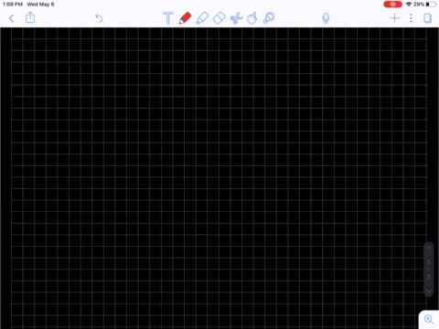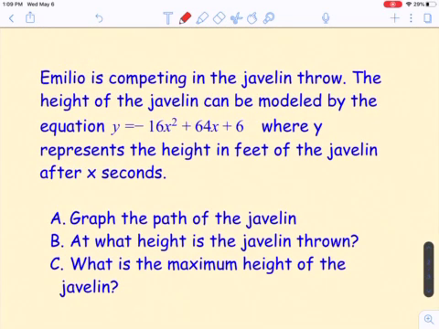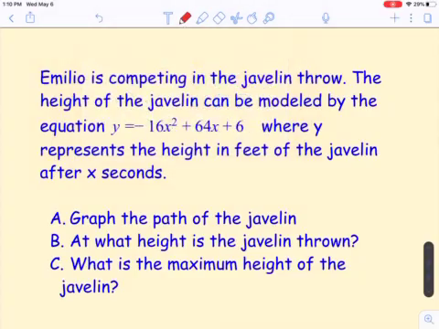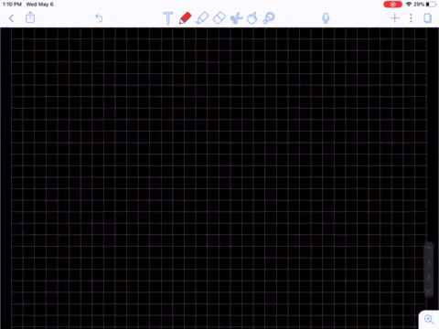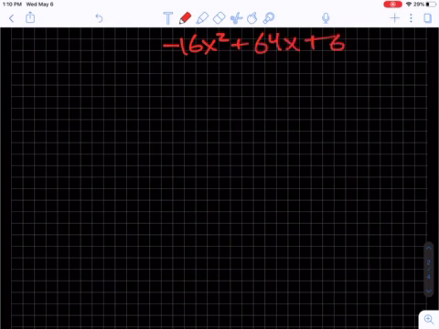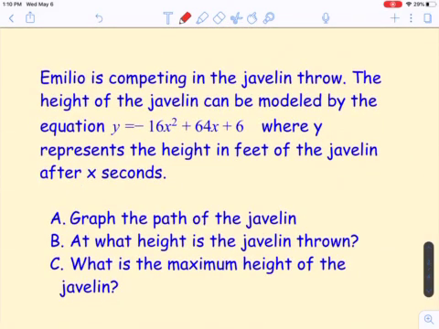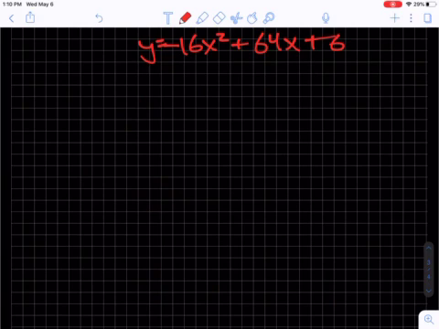Let's go back to our equation, negative 16x squared plus 64x plus 6. Pretty sure that's what it is. Yep. All right, so let's graph this thing.